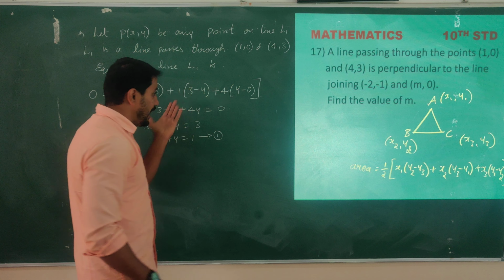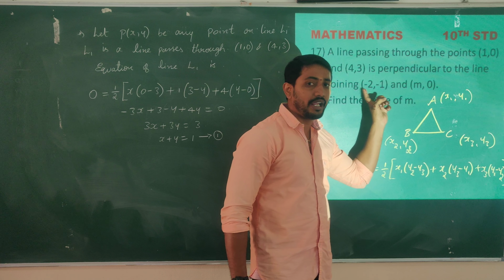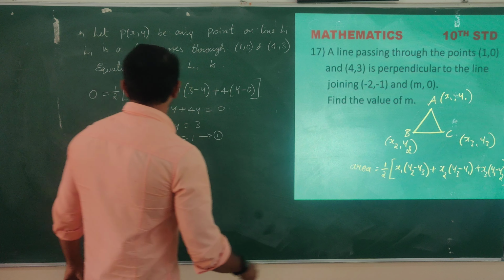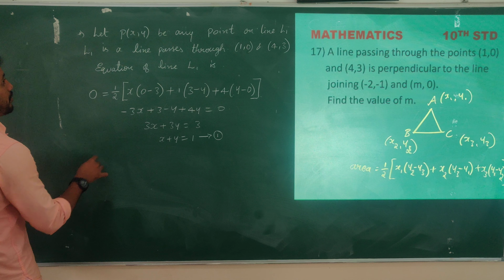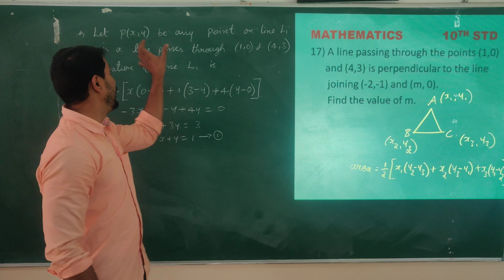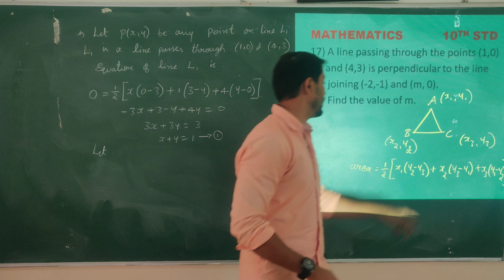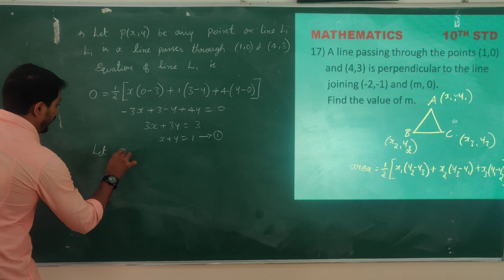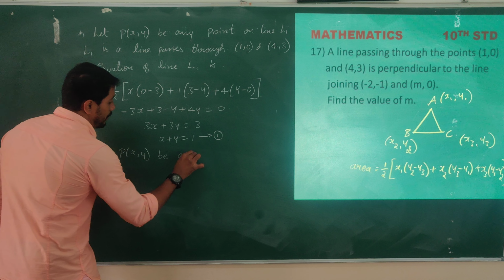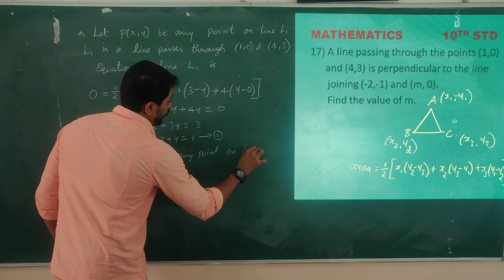Similarly, with the same concept and the same formula, we are going to obtain the equation of the line passing through the points (-2, -1) and (m, 0). Once again I am considering P(x, y) as one of the vertices, any point on line L2.